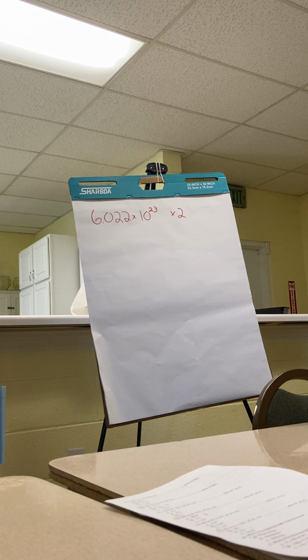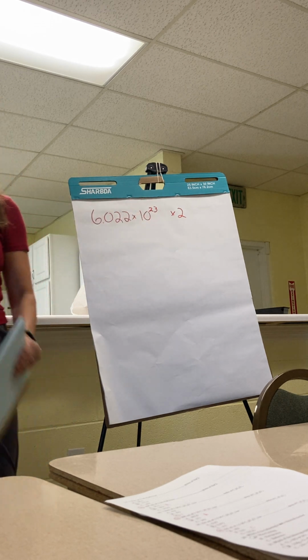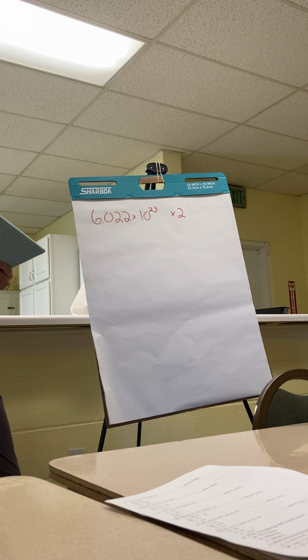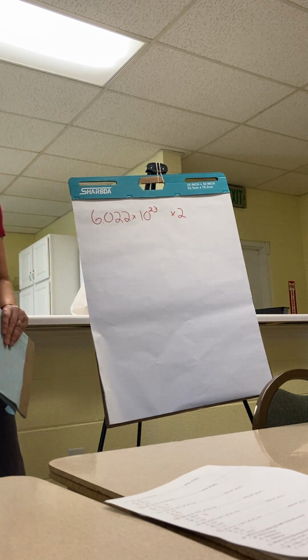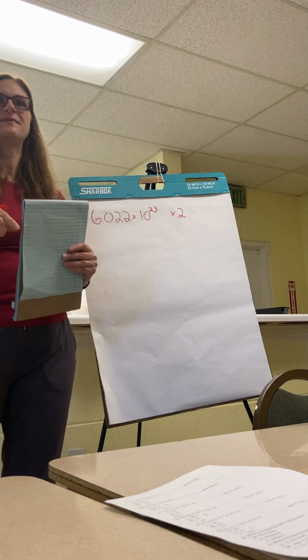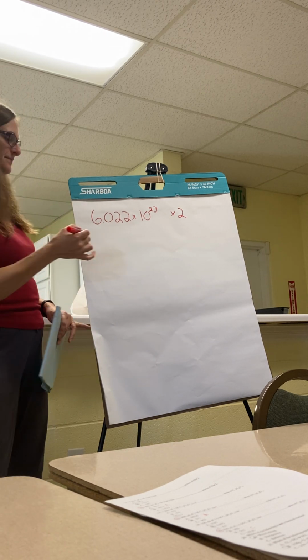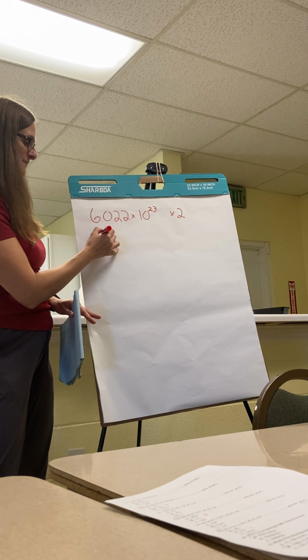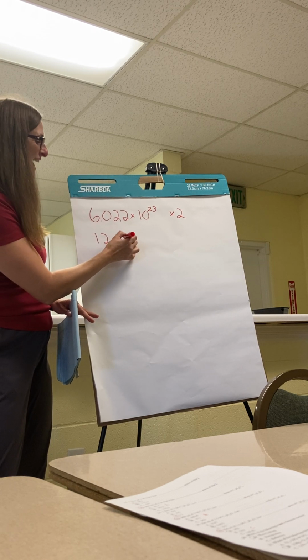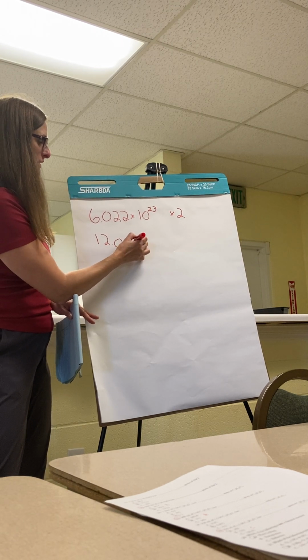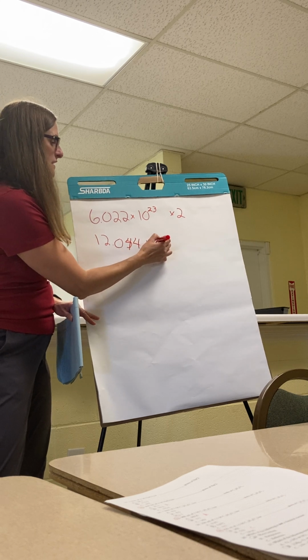When you multiply something that's to the power of 10, to the power of 20... Oh, whatever, you know what I mean. Listen to what I mean, not what I say. What would 2 of these be? You just multiply the 6.022 and leave the exponent behind it. Yes, very good. 12.044, times still 10 to the 23rd.